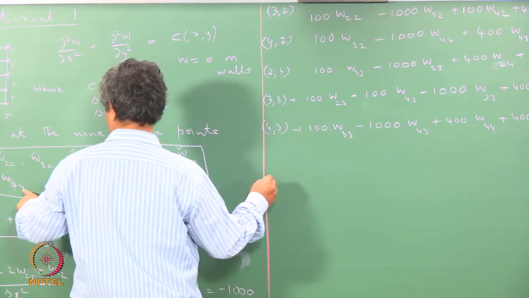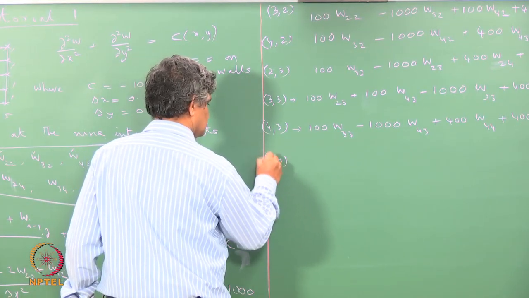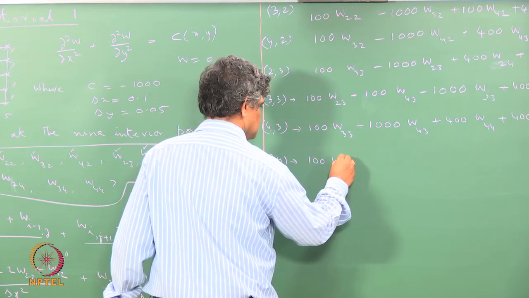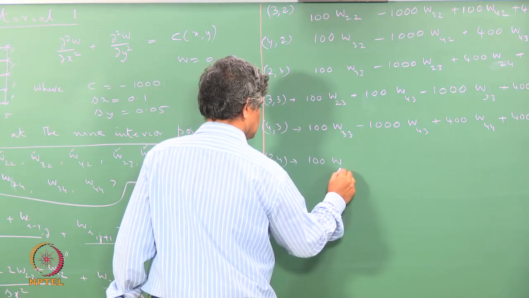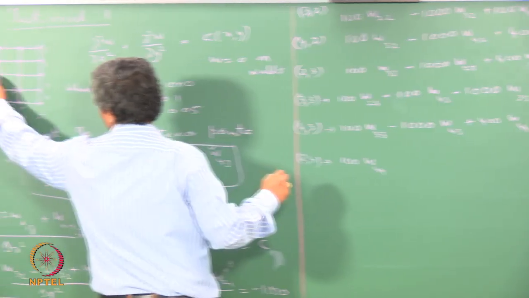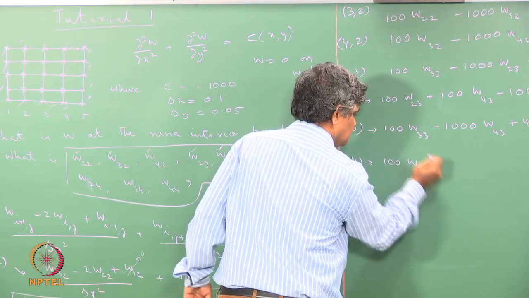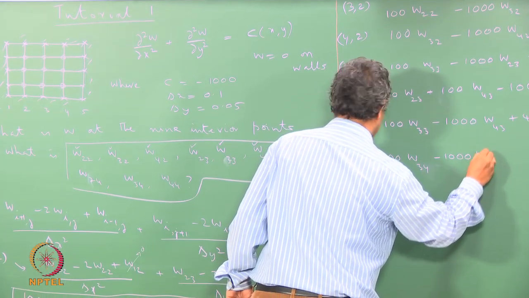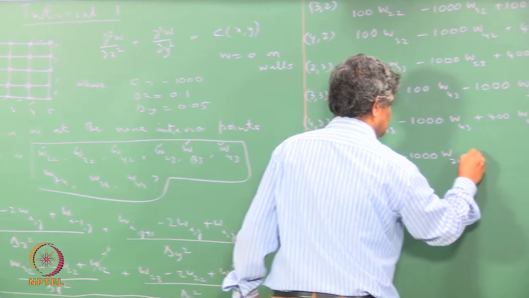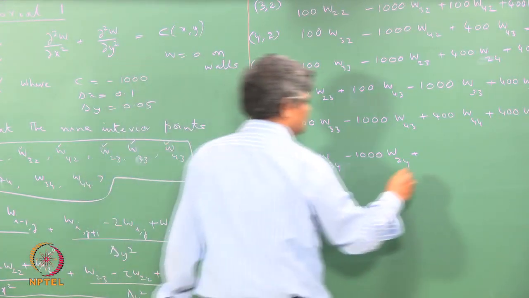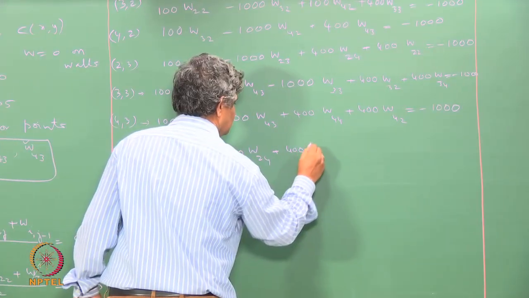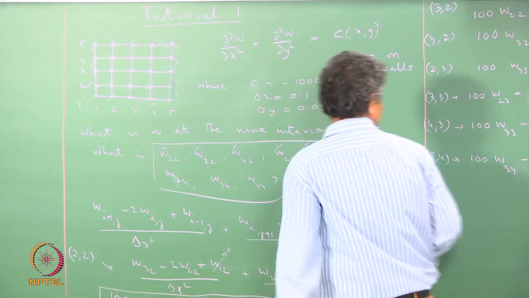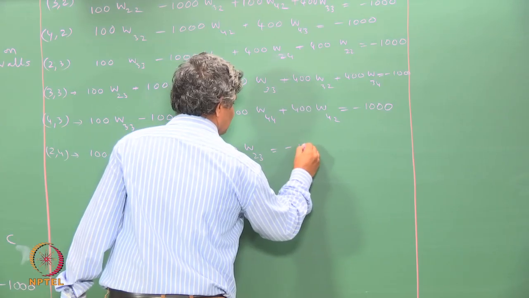So this is 24. 100 of 34 minus 1000 of 24 plus 400 of W23, that is this point here, equal to minus 1000.